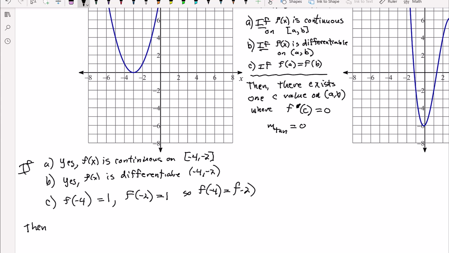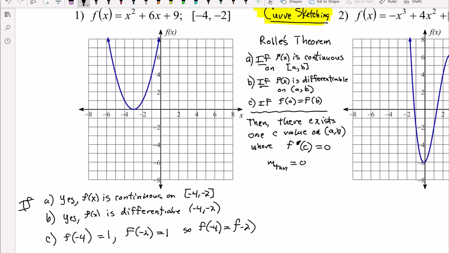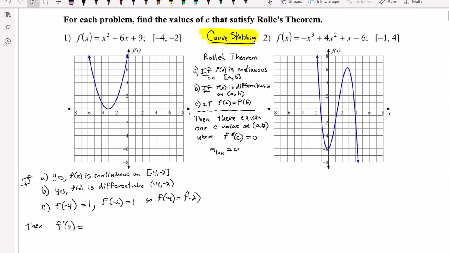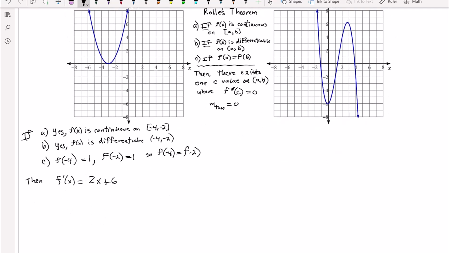Then, let's just take the derivative. So f'(x), there's our formula up there, our derivative is 2x + 6. Then we remember the derivative is set equal to 0.